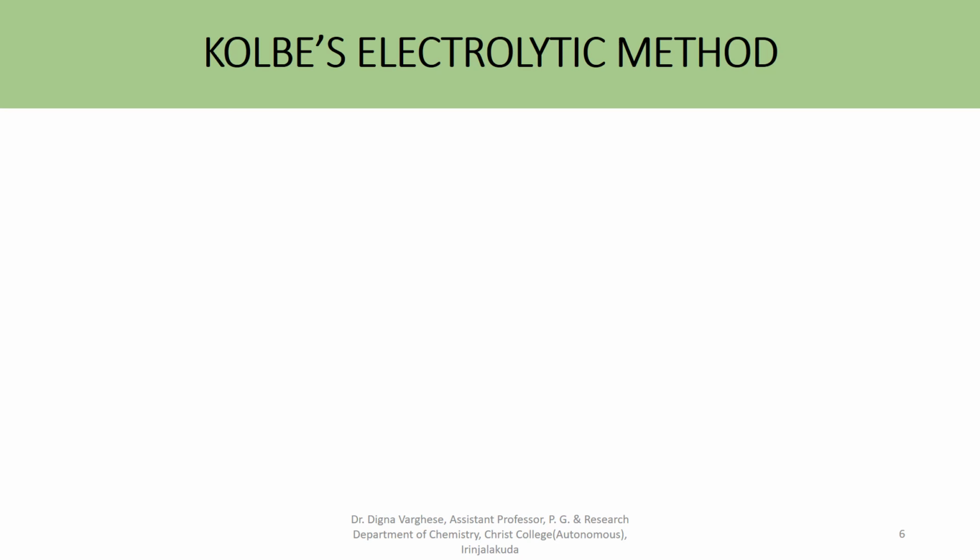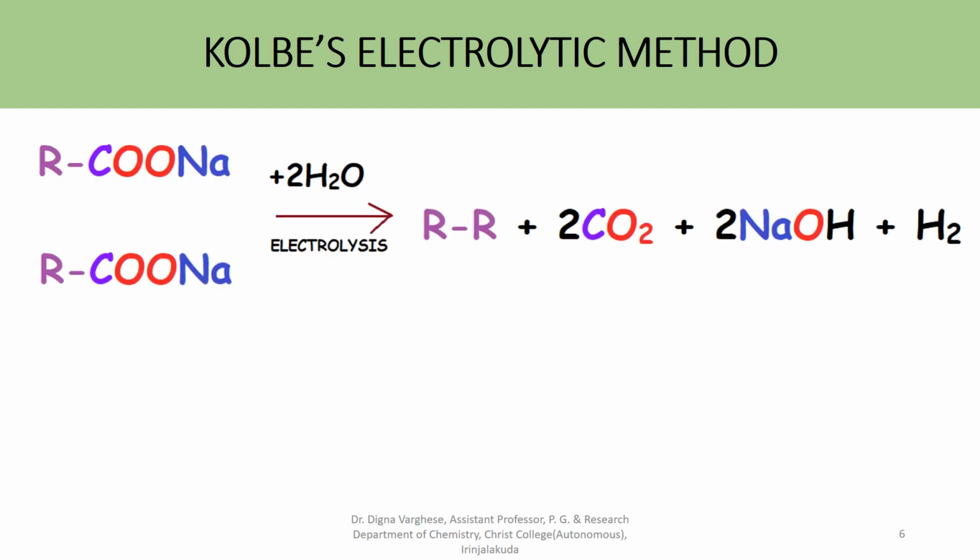The next reaction is Kolbe's electrolytic method, or Kolbe's electrolysis. Here you can see the general reaction: a concentrated aqueous solution of sodium or potassium salts of carboxylic acid on electrolysis gives an alkane containing an even number of carbon atoms at the anode.